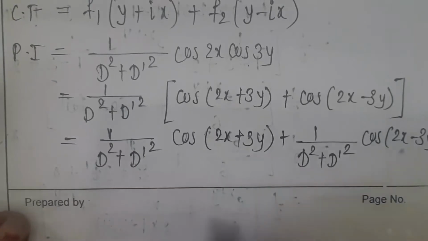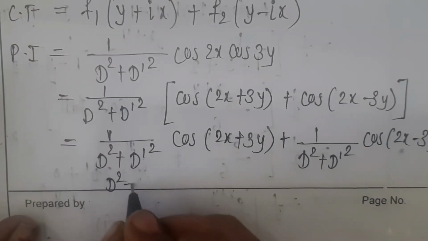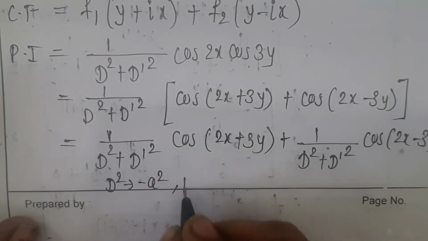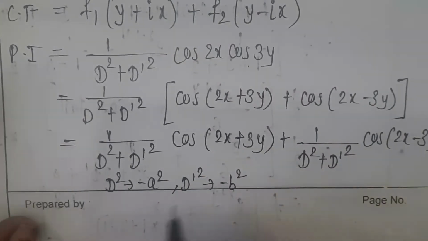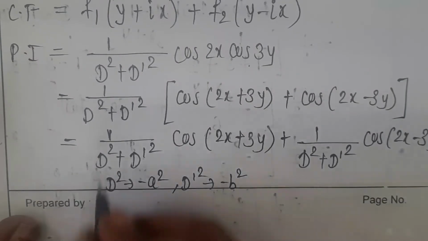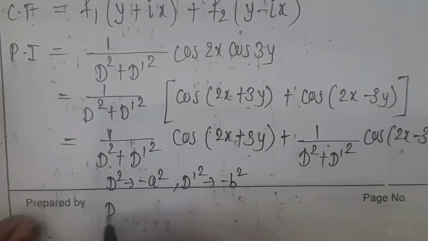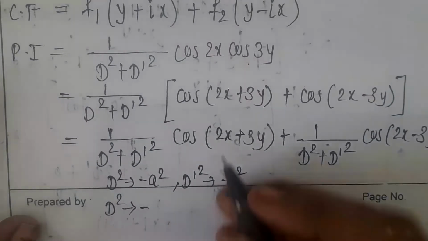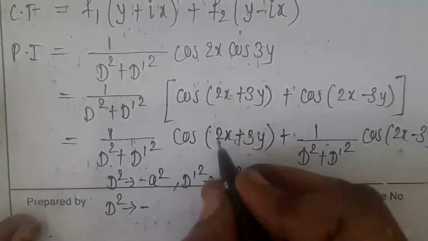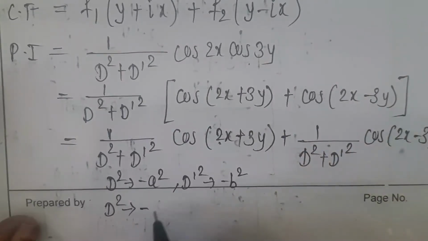What is the trigonometric case? Replace d square by minus a square, d dash square by minus of b square, and there is no d into d dash term, so no need to find it out. Now what is the replacement in the first part? D square by minus of a square. So minus remains as it is. A value is the coefficient of x, so it is 2. 2 square is 4.